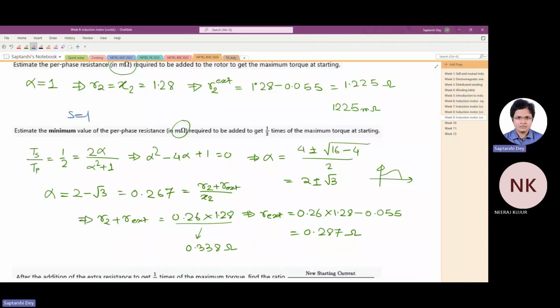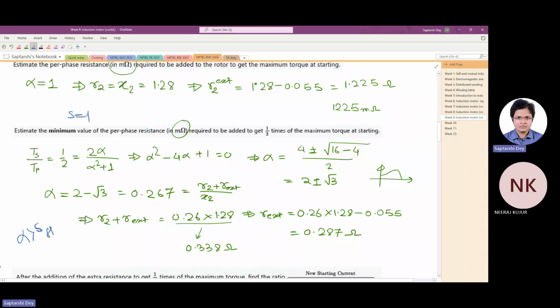Now you solve this, and the graph tells us that alpha is always higher than the full load slip, because peak torque happens at a lower speed than the full load torque.